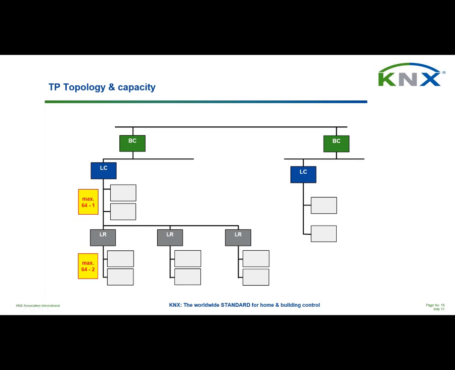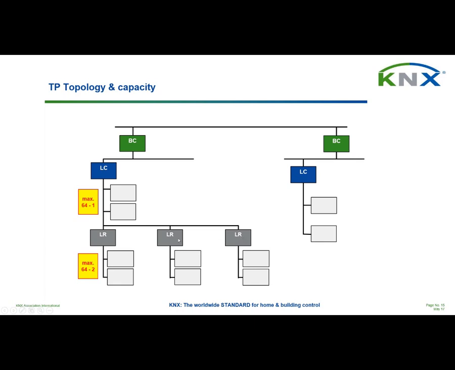If we want to extend the line, then we need to do that with other line segments. And as you can see, I didn't point it out yet, but if you want to extend a line, you need to do that in parallel. You cannot make series connections here. So you have to put line repeaters in series.